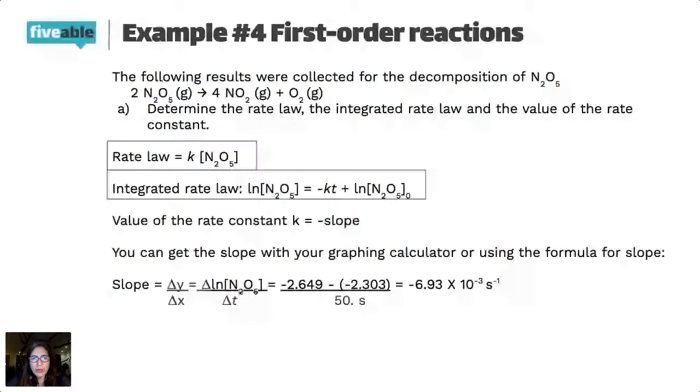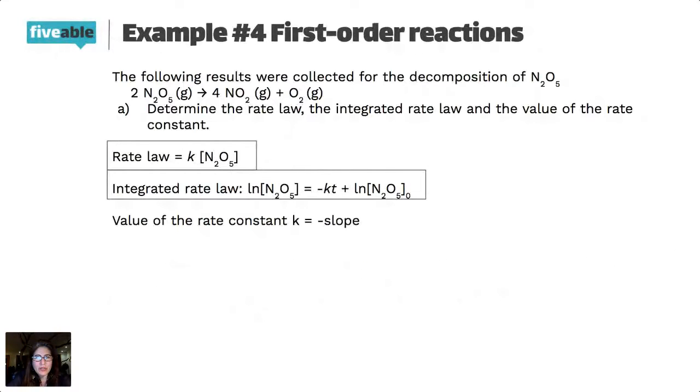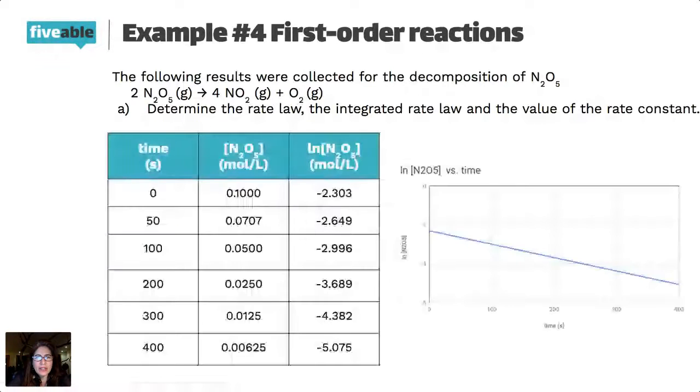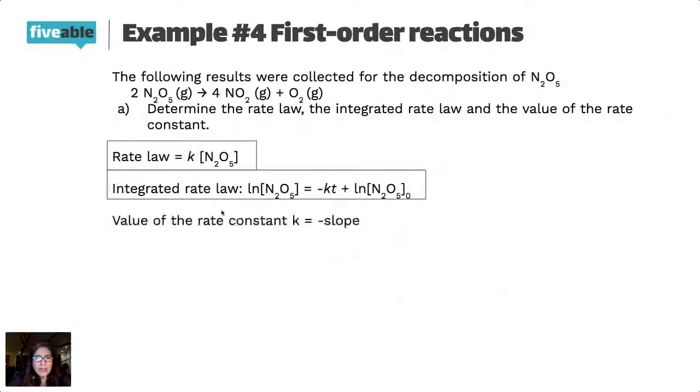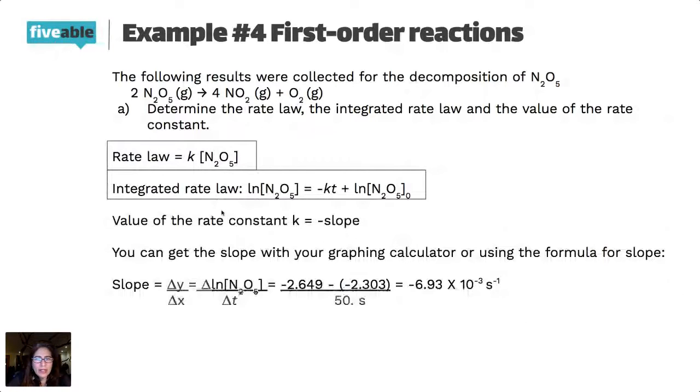You can do it with the values that you got from your graph of the natural log. I'm sorry, these values, right? You can choose two values from here and two values of time, just as you do with any slope calculation. And the slope is negative, but then your k would be positive.